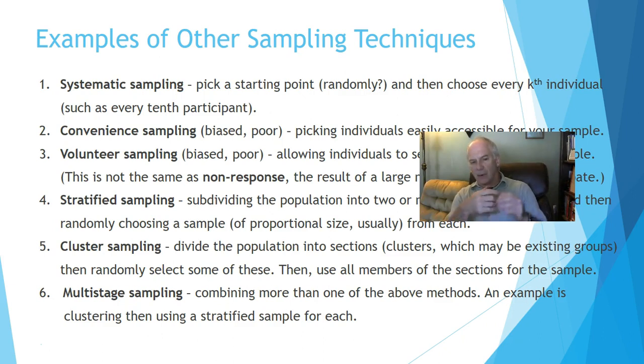Or it could be high schools or schools in a district. So you do clusters. So you might choose a couple schools in this area, a couple schools in this area, but you're randomly choosing which clusters are going to be selected in your sample. Okay.